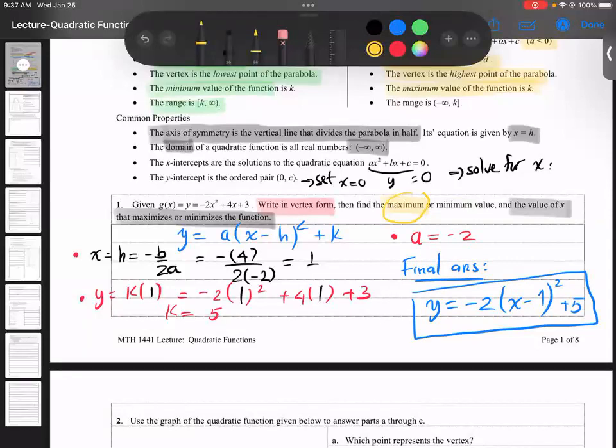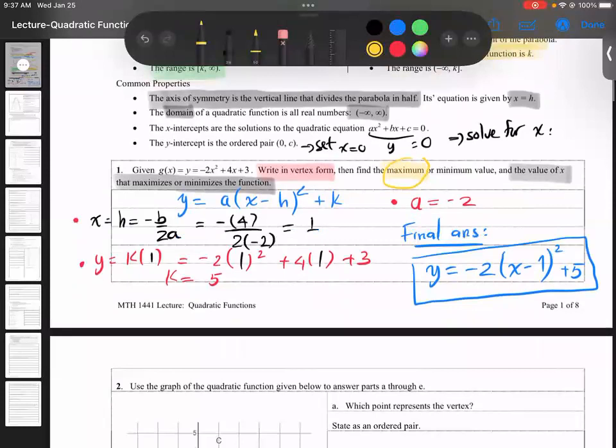That's your vertex, right? 1, 5. Yeah, 1. You're right, 1. So the value of x that maximizes f of x is 1.